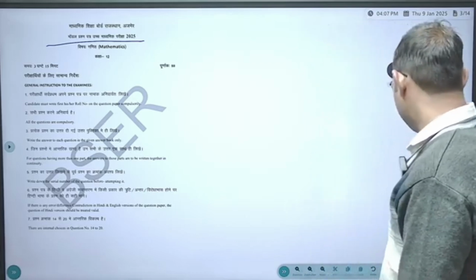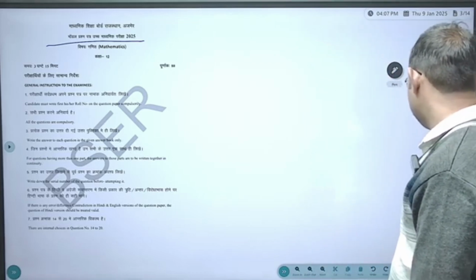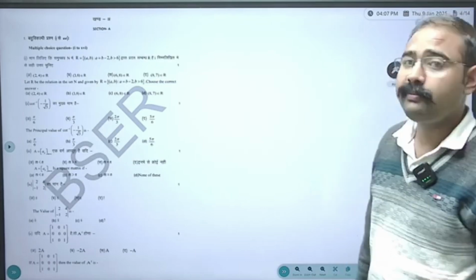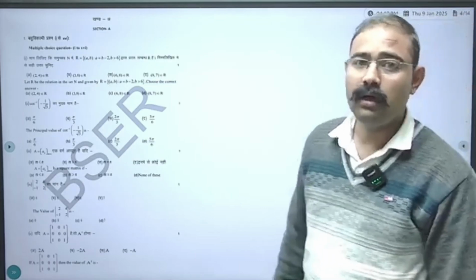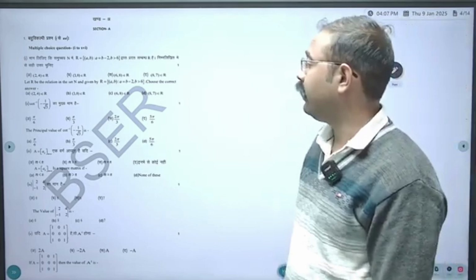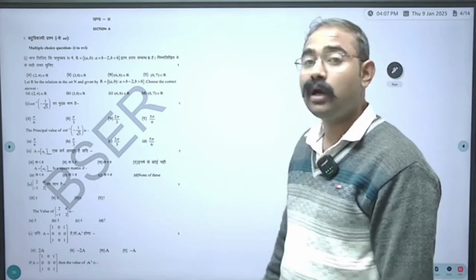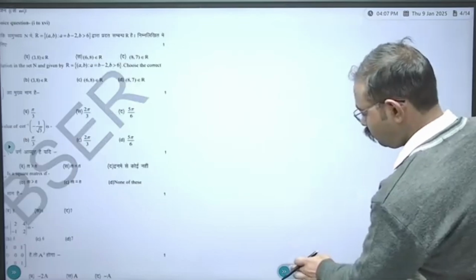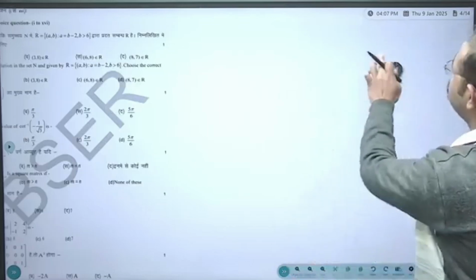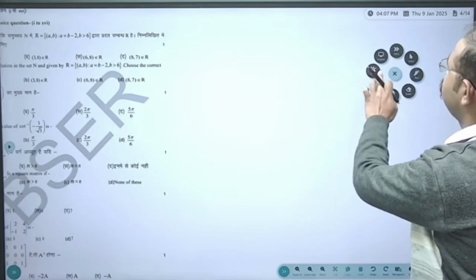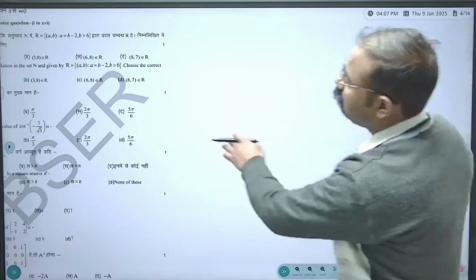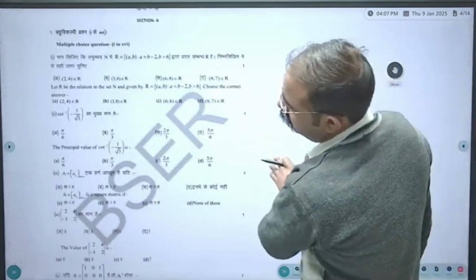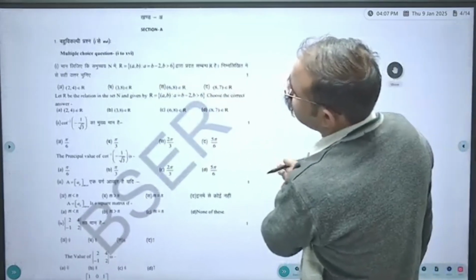Every year Rajasthan board provides us a model question paper just to prepare well according to that model paper and blueprint. So in this series, at the very first, question number first, this is of MCQs, section A.